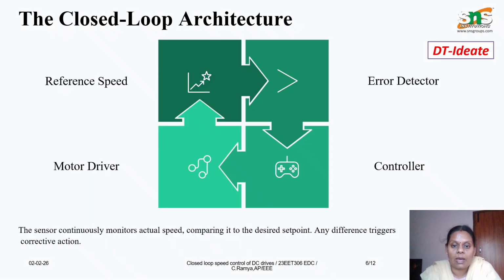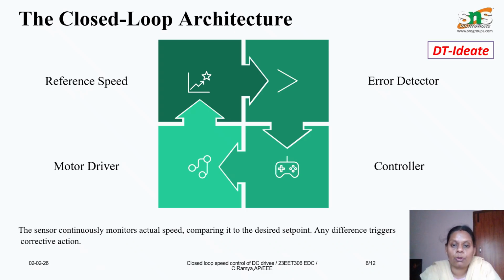Next is the closed loop architecture. We have the reference speed, which is the set point, an error detector, the controller, and the motor drivers. Along with this, we have the feedback sensors, and it works based on the error. The error is calculated as the difference between the reference speed and the actual speed.